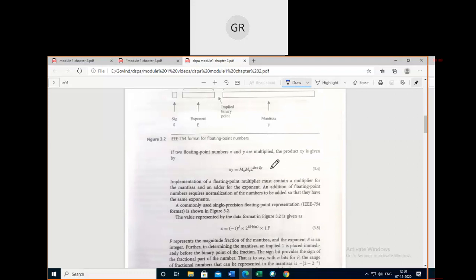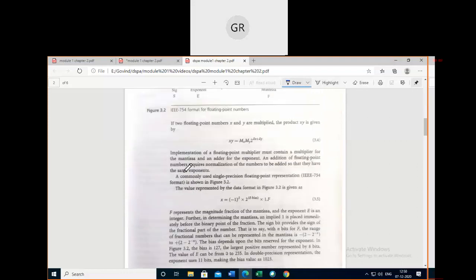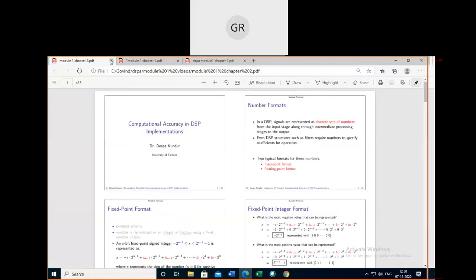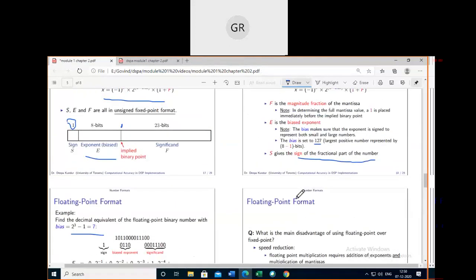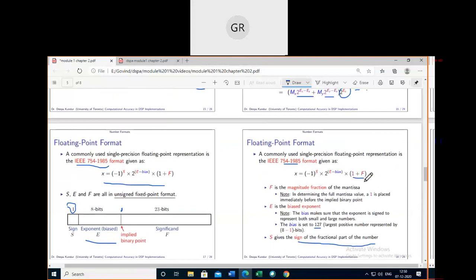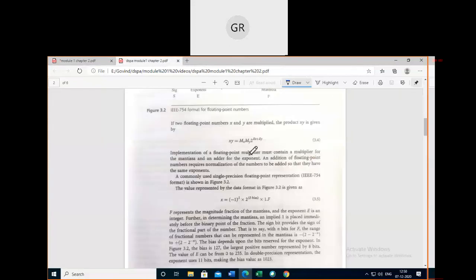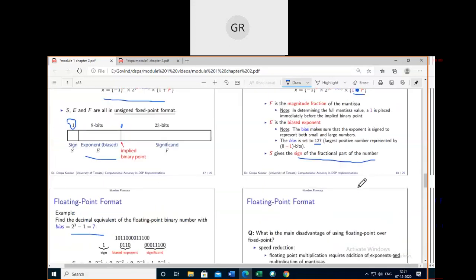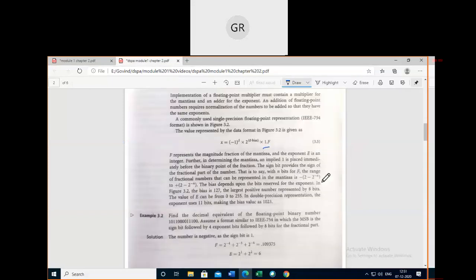In your textbook they have given 1 dot f in the place of 1 plus f. That's why you can make changes: instead of the plus sign you can put the multiplication sign. Just make the changes here, 1 dot f.